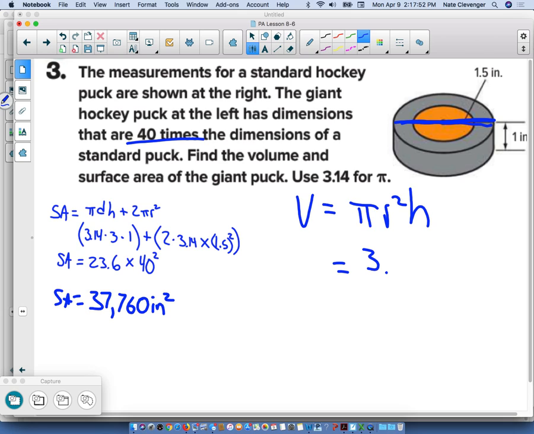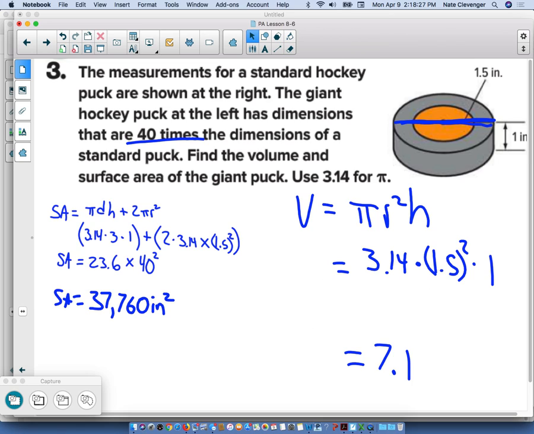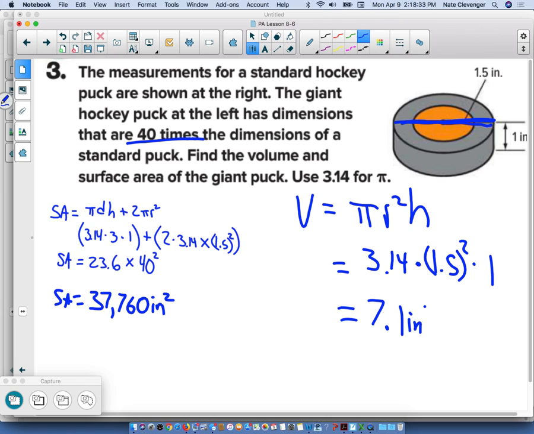So in your calculator, you take 3.14 times 1.5 squared times the height of 1. 7.065. And that is in inches cubed.